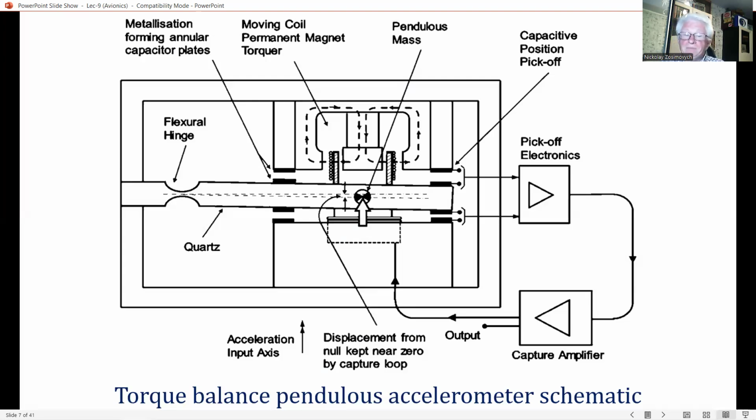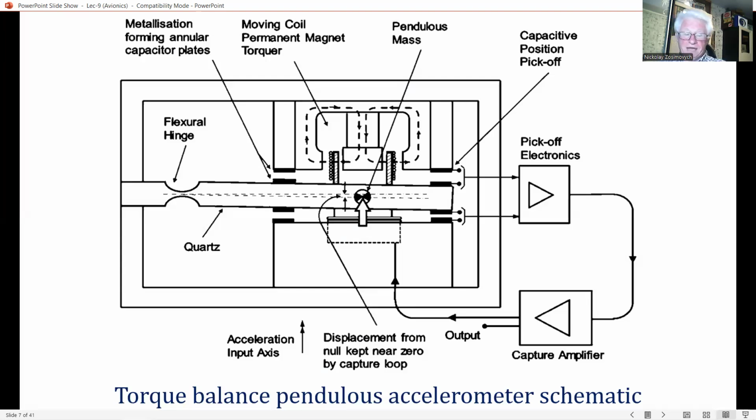Torques are applied by means of a moving coil in a permanent magnet torquer, similar to a loudspeaker driver, with the coil fixed to the beam.